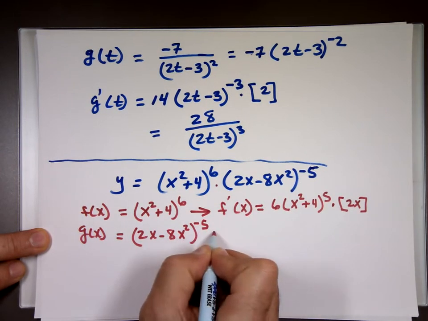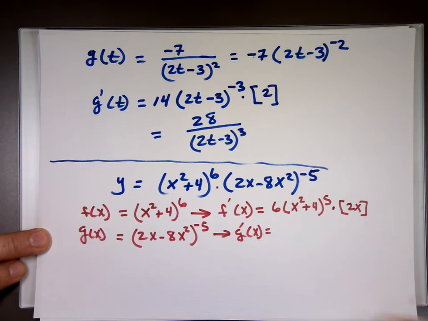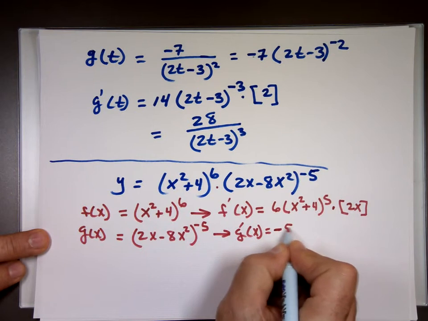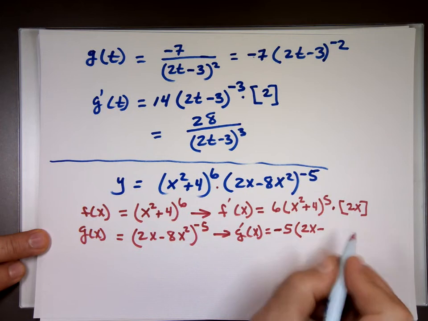And what's g prime? Hurry up if you want to go home early. Negative 5, right? 2x minus 8x squared to what power?